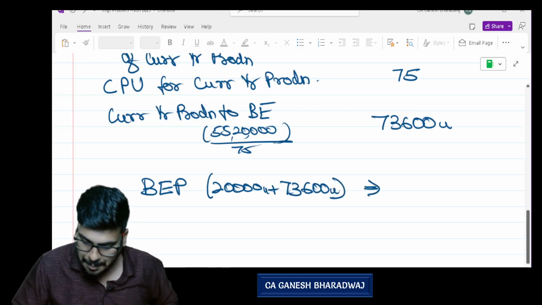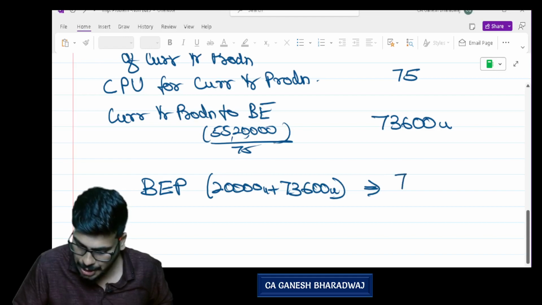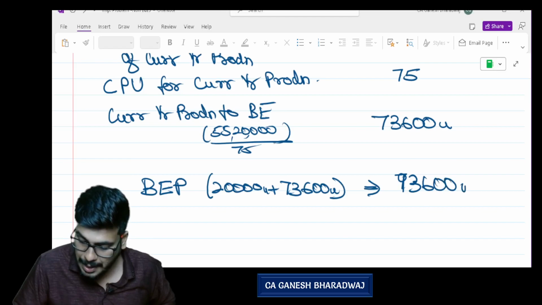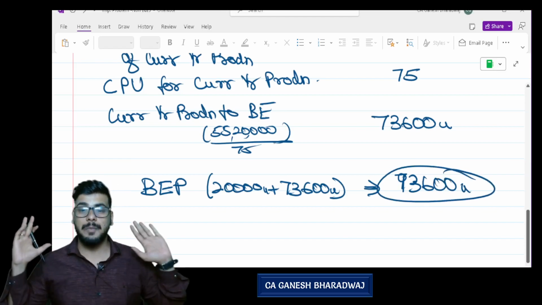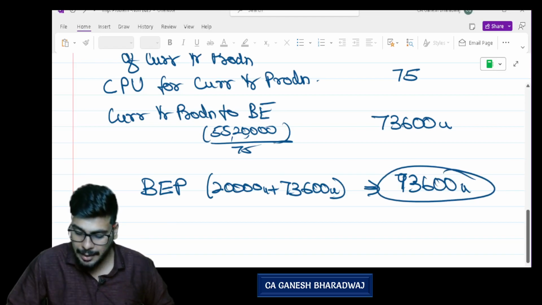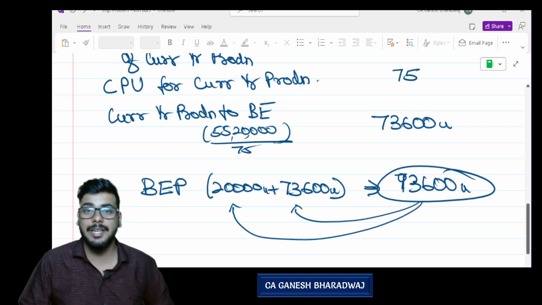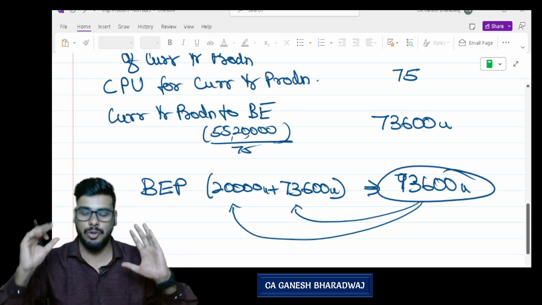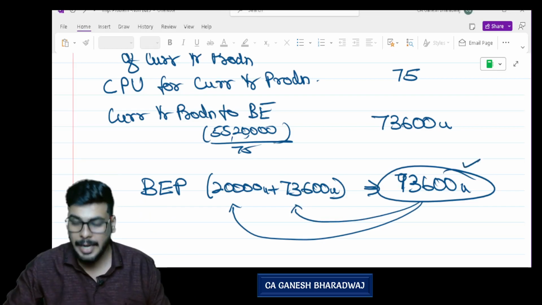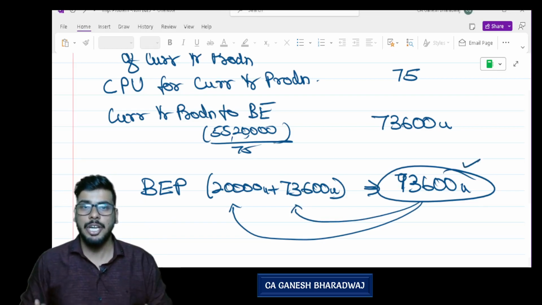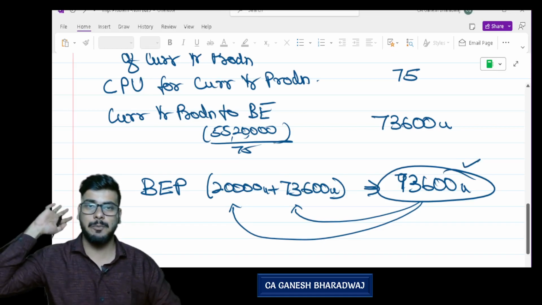So overall my break-even point is 93,600 units. This 93,600 breakup is 20,000 units of opening stock and 73,600 units to be produced and sold. So I need to sell 93,600 units to exactly reach my break-even point.